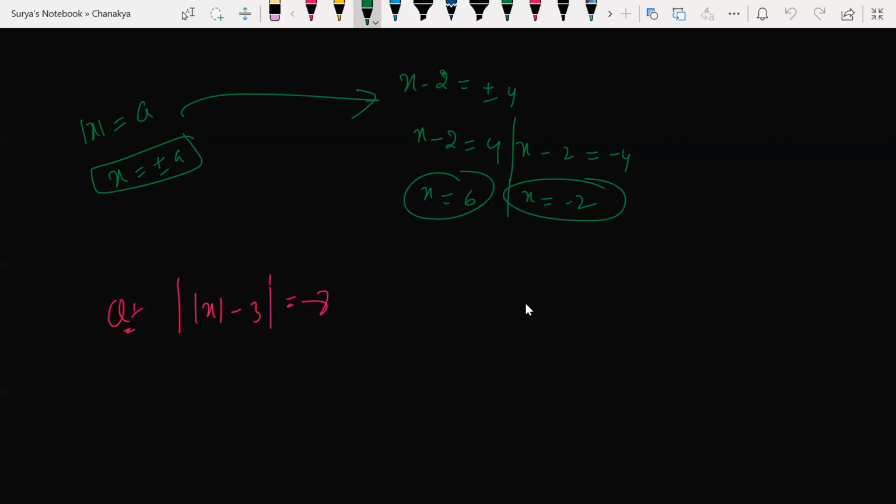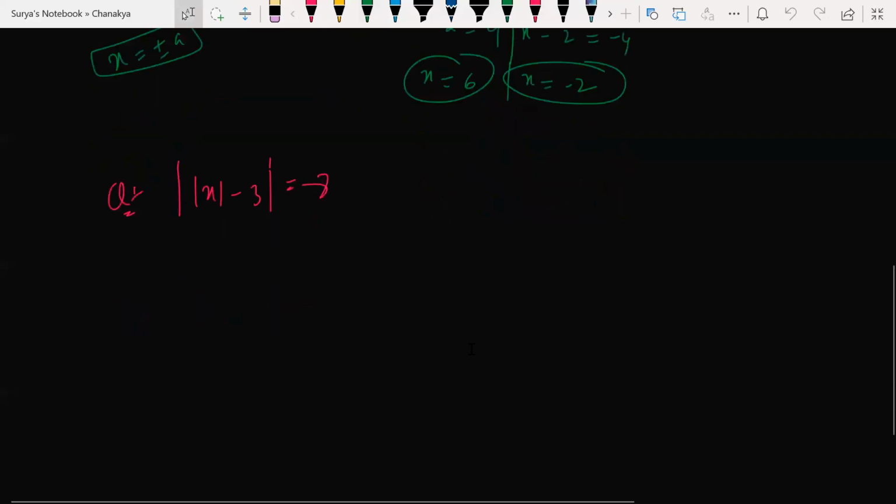Sir, 11 and minus 5. Sir, plus 11 minus 11. Minus 5 plus 5. Plus or minus 11, plus or minus 5, I think so. Okay, let's see this. First of all, open the modulus, because modulus of x minus 3 is equal to plus or minus 8.